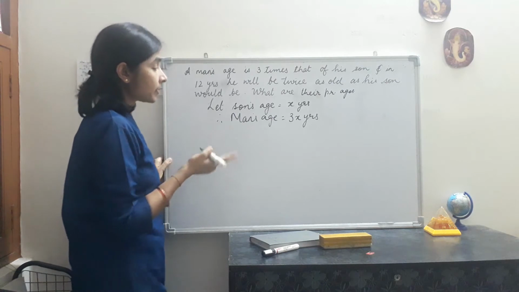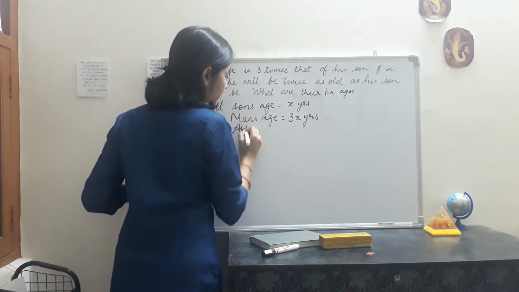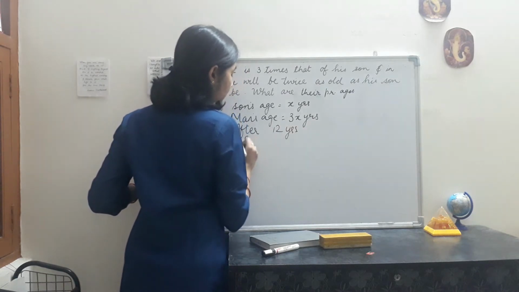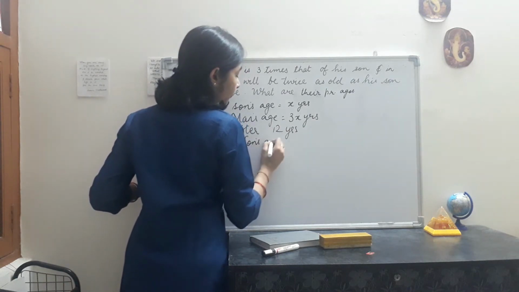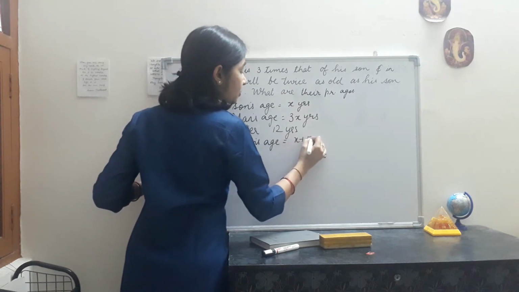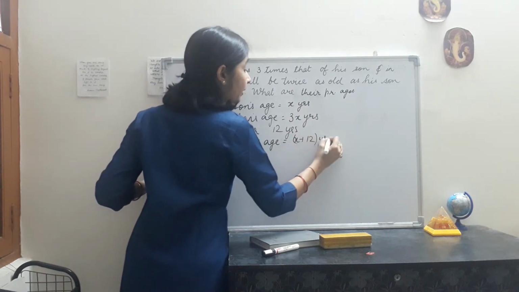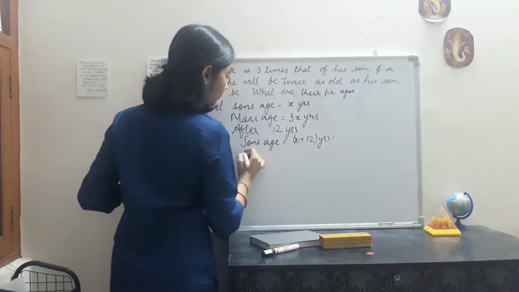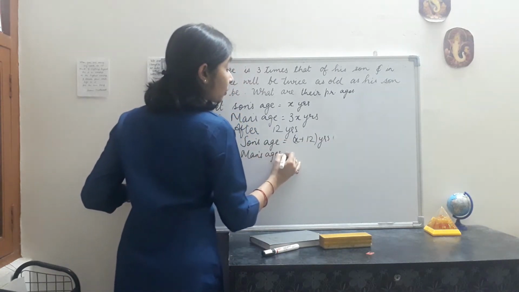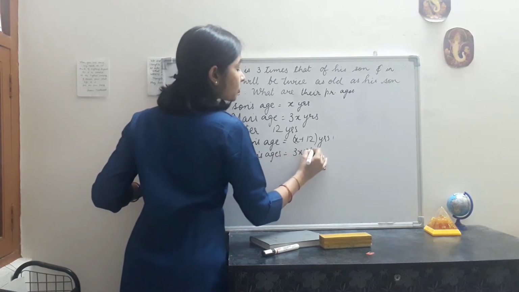After 12 years, son's age is equal to x plus 12 years, and man's age is equal to 3x plus 12.